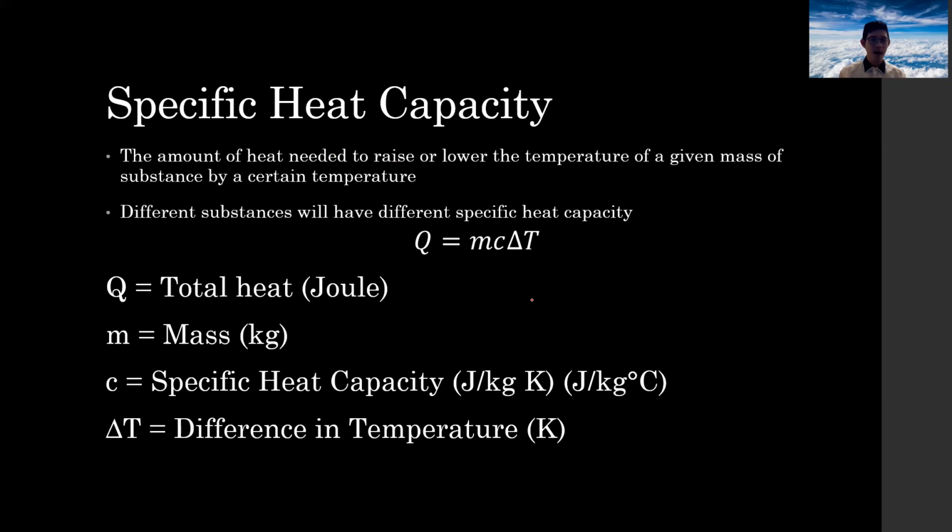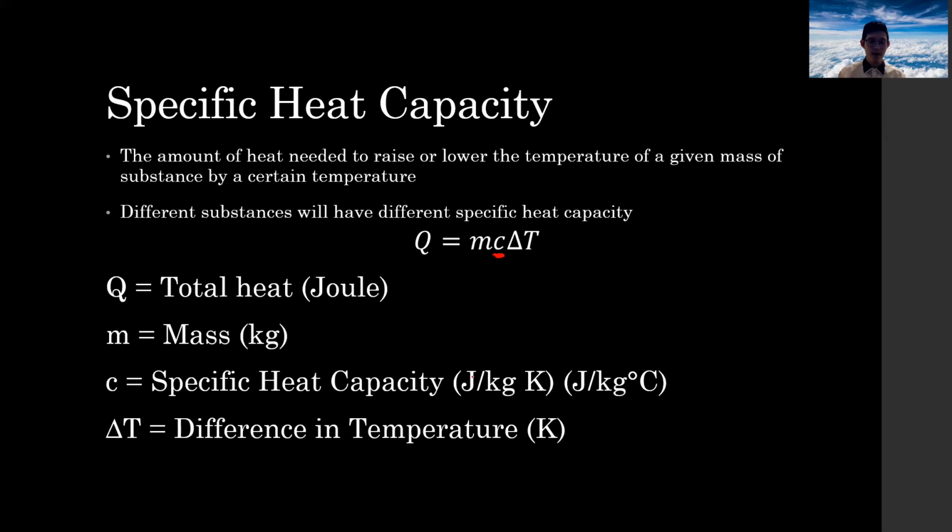Here we have c, which is specific heat capacity, and different substances will have different specific heat capacities, and this is needed to calculate the total heat that we need. So the formula is total heat is equal to mass times c times delta T, where delta T is the difference in temperature. And here are all the units.